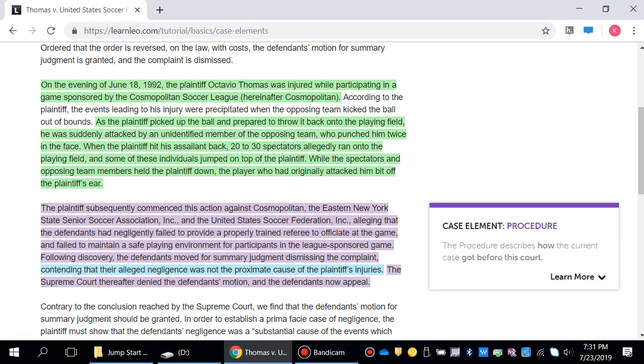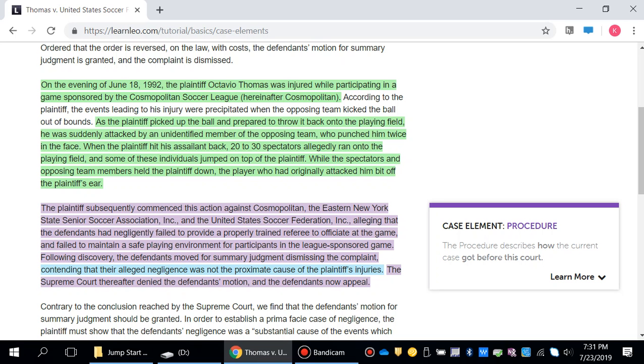Now, other than your civil procedure class, where procedure is going to be the heart and soul of what you talk about, you're going to note the procedure primarily for class discussion because your professor may ask you because they're trying to teach you procedure. But in terms of putting procedure as a general rule into your studying and memorizing it, you're not going to do that.